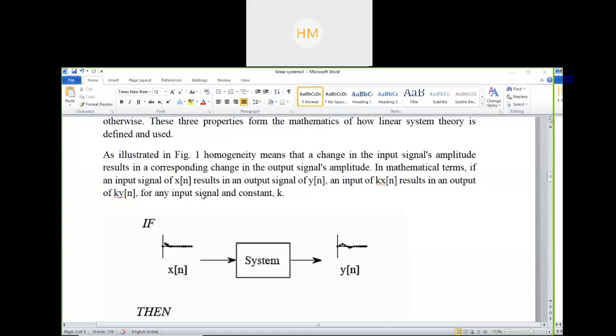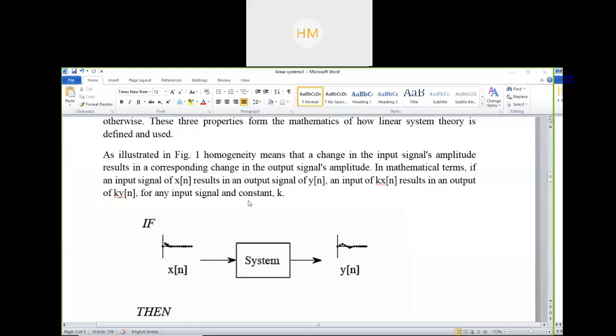In mathematical terms, if an input signal x of n results in an output signal y of n, this system could be a linear system, shift invariant system, homogeneous system, additive system, any system, and here I am talking about homogeneity. So if there is any change in the amplitude of x of n, then y of n should also change.